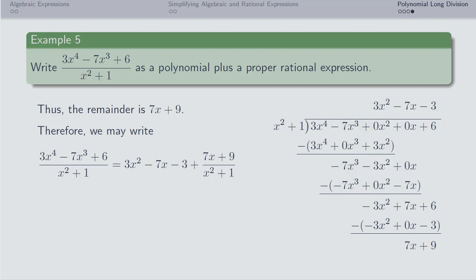So that last term there can be kind of irrelevant. If x is big, the bigger x is, the more this expression behaves like 3x squared minus 7x minus 3. That's going to be much easier to understand than the way the thing was originally given to us.